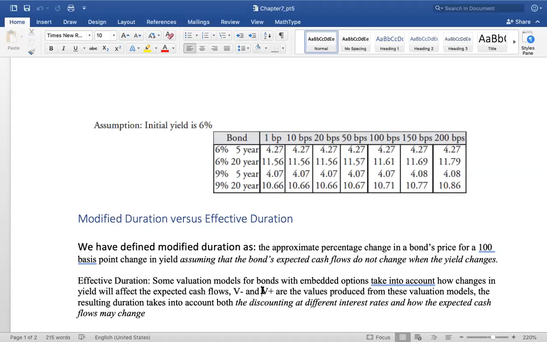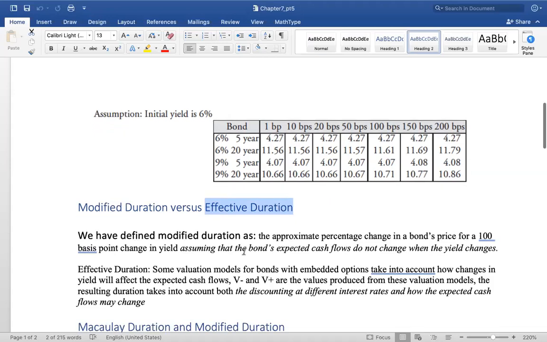Similarly, for a certain type of collateralized mortgage obligation, the modified duration could be 7 and effective duration can be 20, because those collateralized mortgage obligations have a prepayment option, right? So these things really can impact your duration values. So you have to keep in mind that what we are using is modified duration. The effective duration will also have an impact on the cash flows of the bond.